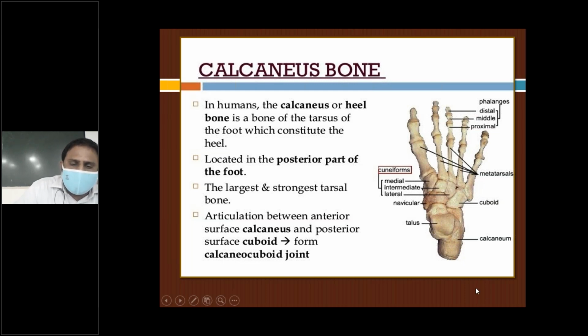It articulates with the posterior surface of the cuboid, forming the calcaneocuboid joint. Once again, it is the heel bone, at the posterior part of the foot.